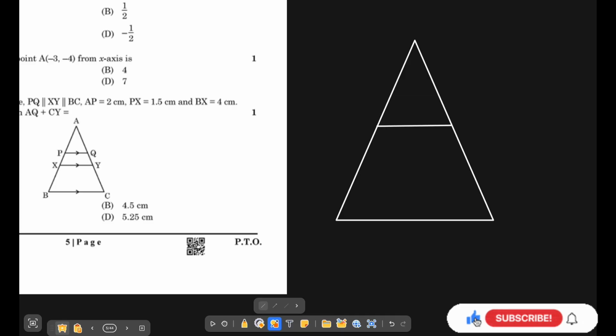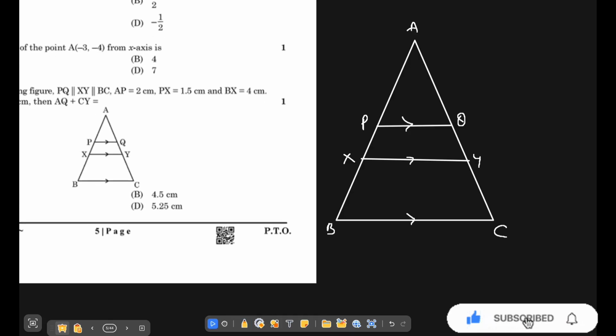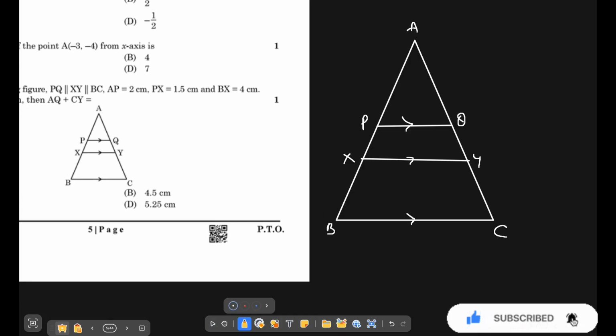So this is PQ, this is XY. They are parallel lines. Now A, B, C. So what is given here? AP is 2 centimeters. PX is 1.5.